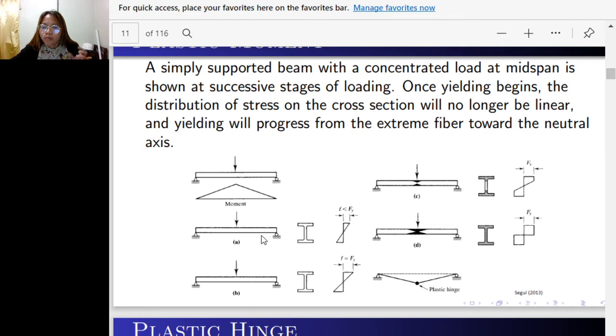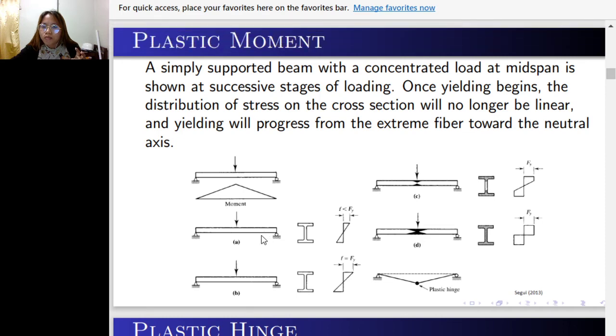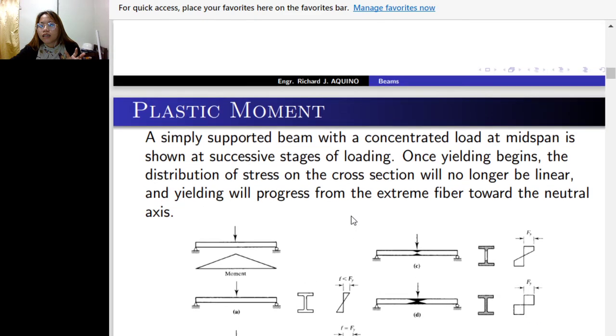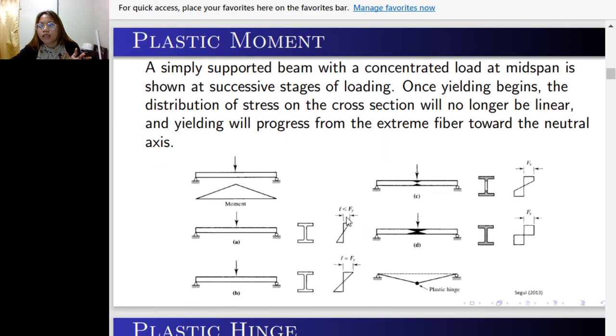And moabot sa point nga like at the beginning of the loading stage, your bending stress is less than the yield stress, diba? So the diagram is actually linear, kung inyong tan-awon diri.